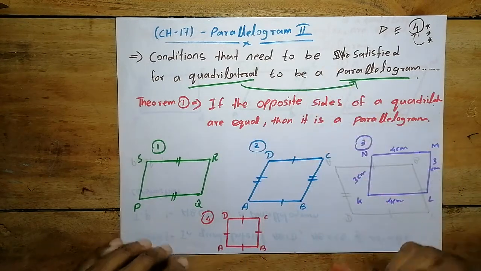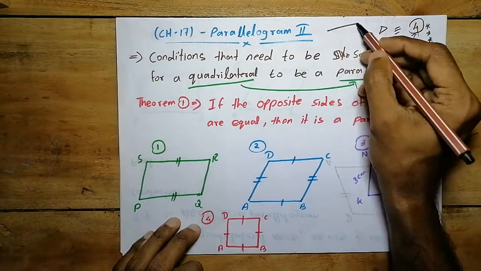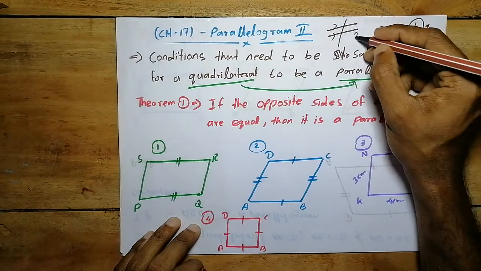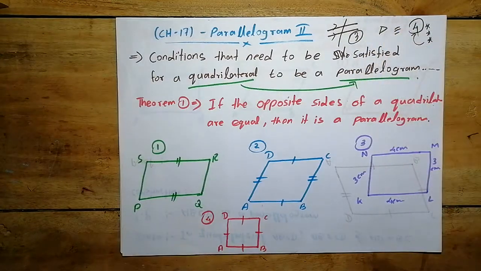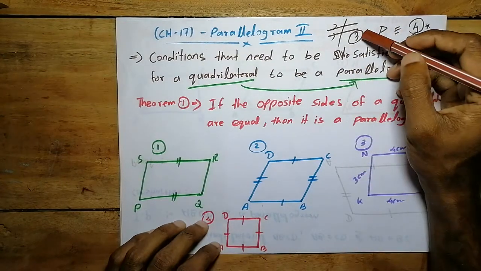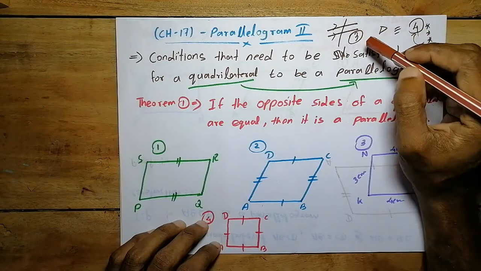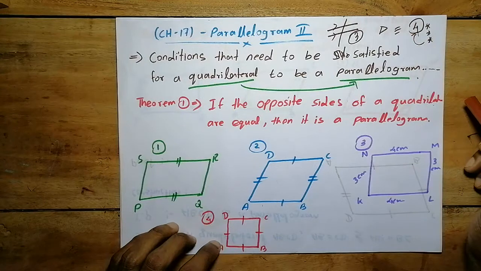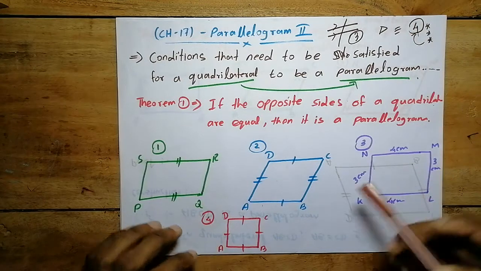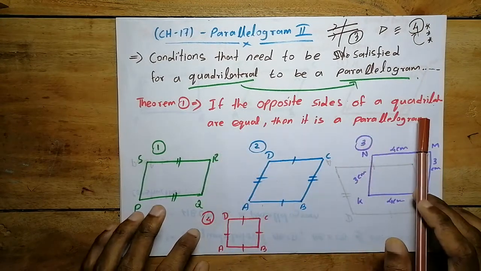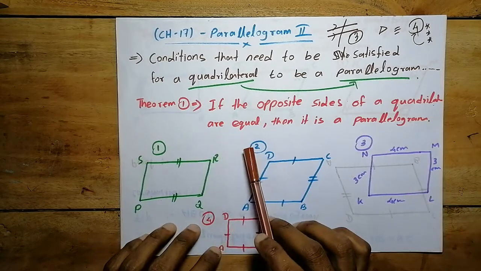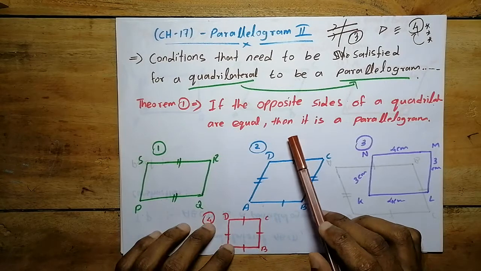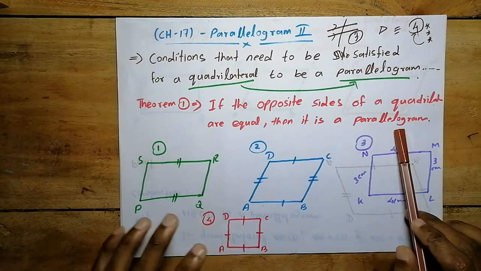We know how to get the reverse: the parallel lines are given, a transversal is intersecting, you have 3 types of angle. So in reverse, if you have one of the 3 types of angle, you can prove those straight lines are parallel. Likewise, if the opposite sides of a quadrilateral are equal, then we can prove it is a parallelogram.